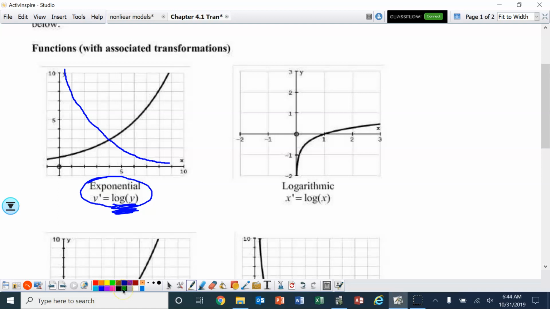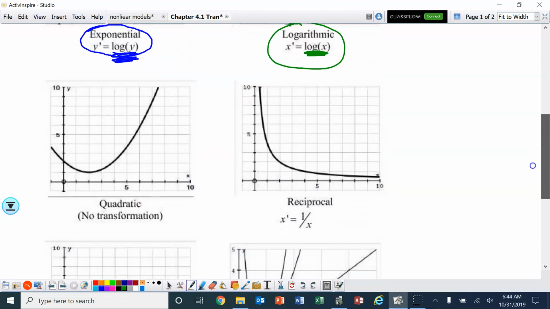The next one is also logarithmic, or taking the log, but this one is only taking the log of x, and you can see that this line curves in that fashion. So if the dots kind of look like that, then we're going to go ahead and try that. The third one is quadratic, the parabola.